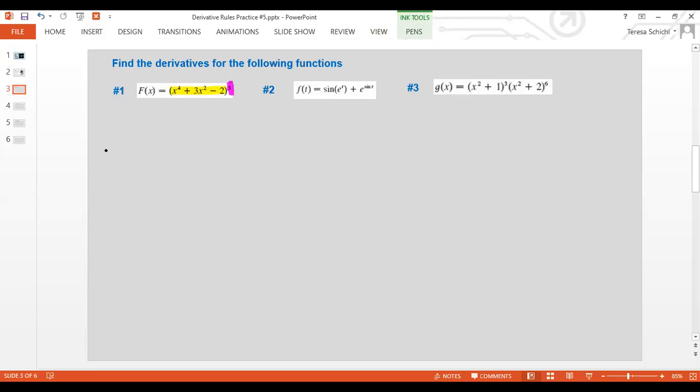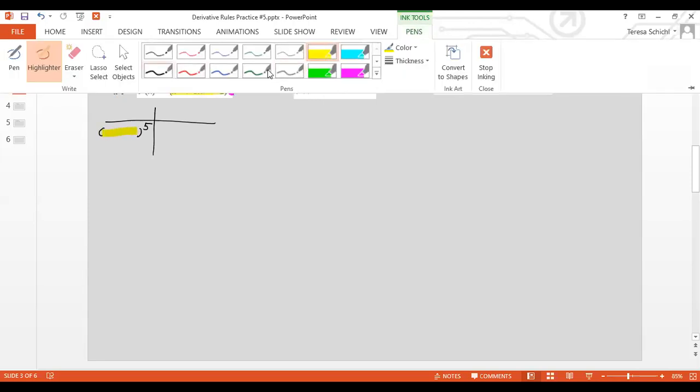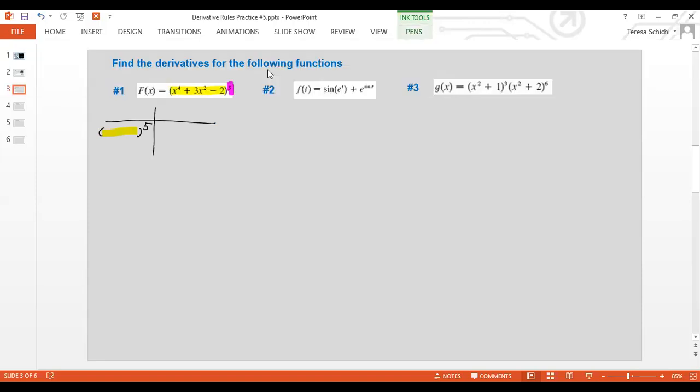My teacher always showed me the first layer: you see this to the fifth power, whatever is inside to the fifth power. So then you can use the power rule. The derivative will be the 5, and then the 4, so it's whatever is inside here.